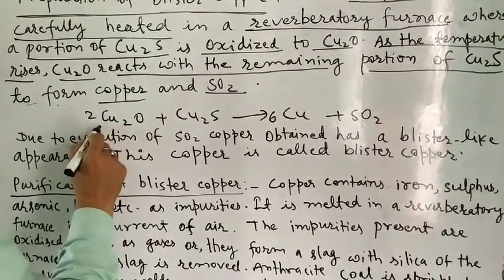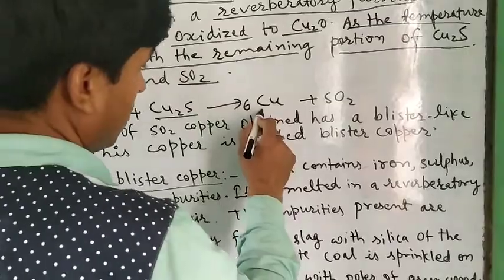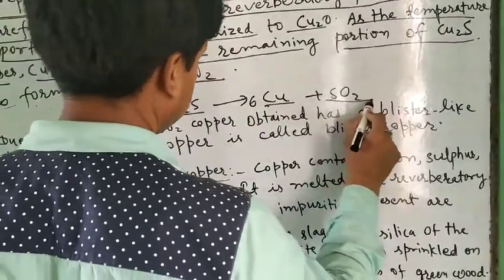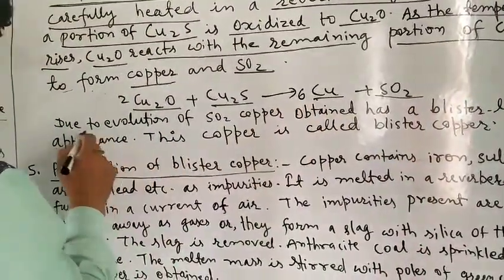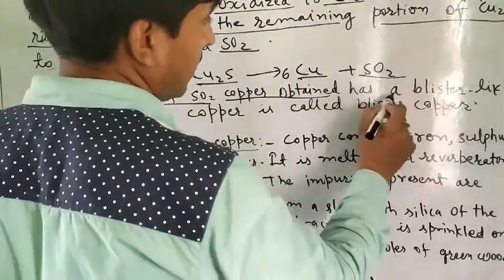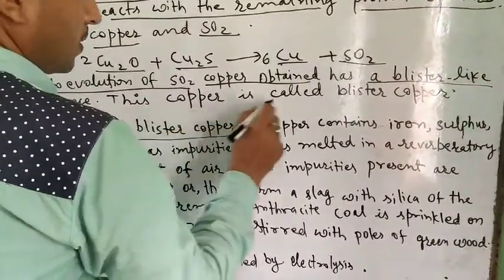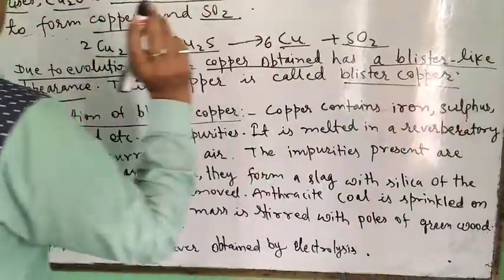So copper oxide and copper sulfide react to form copper, and sulfur dioxide is removed. Due to evaporation of sulfur dioxide, the copper obtained has a blister-like appearance. So this copper is called blister copper.